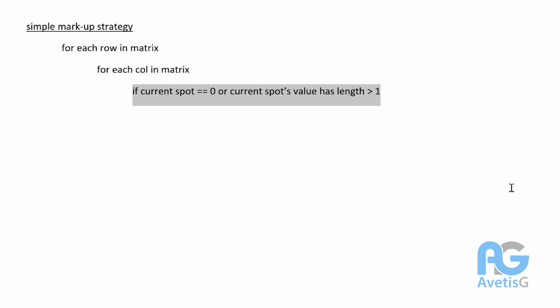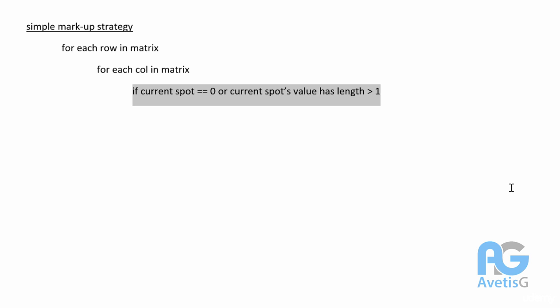If it's one digit, then that spot has been solved for, and we can just move on to the next one. But if that spot has 0, then nothing has happened there, so we still need to solve for it. And if the length is more than 1, something like 1, 2, that means that it can either be 1 or 2, so we have to figure out what it is.